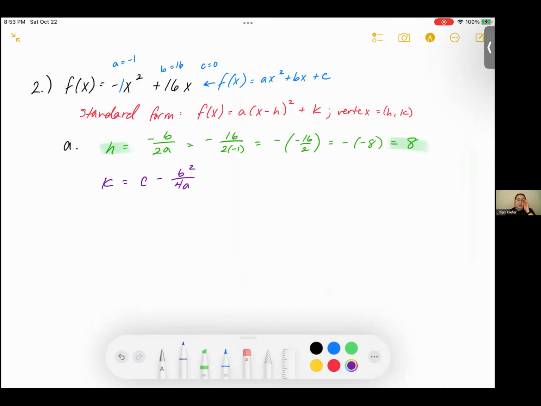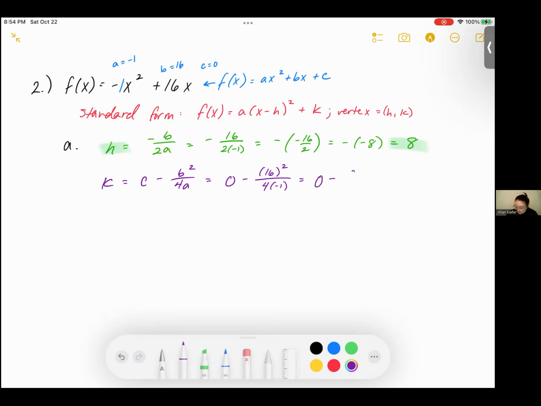Now we can solve for k as well. So k is c minus b squared over 4a. We said that c was just 0. We've got 0 minus 16 squared divided by 4 times a, which is negative 1. So we're going to simplify. 16 squared is 256.